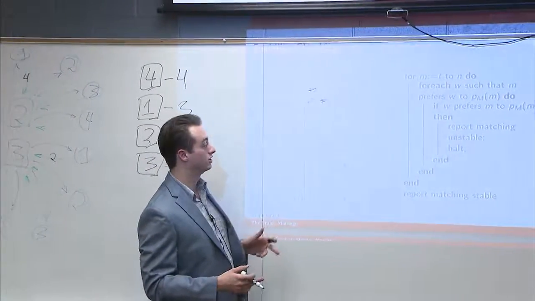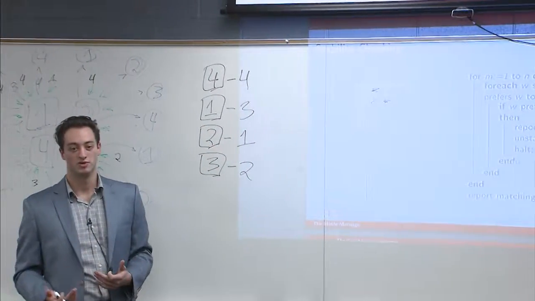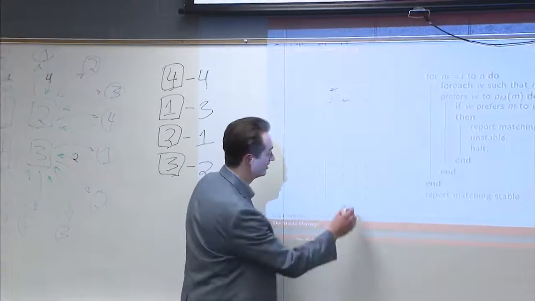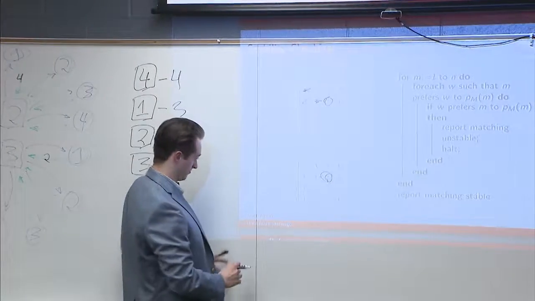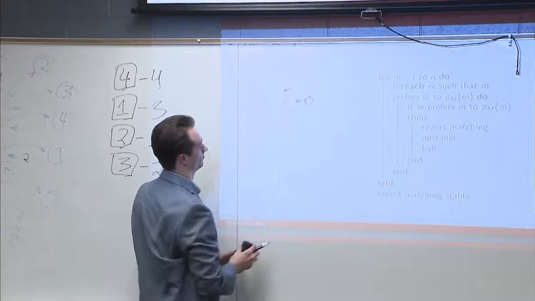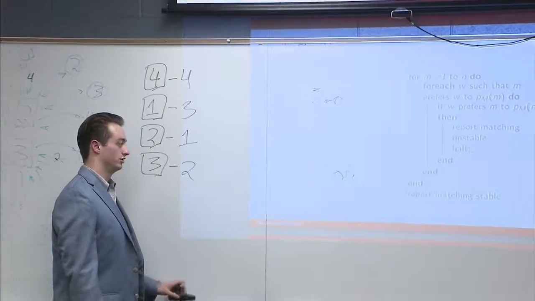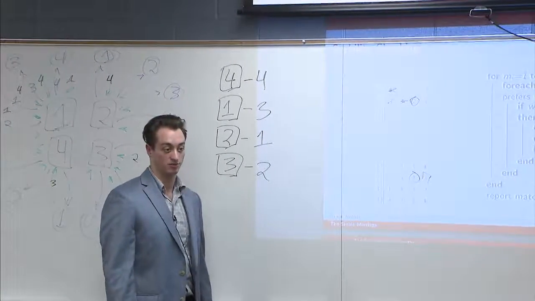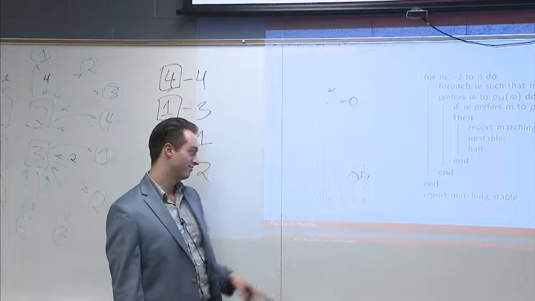So man number 2 wants to be married to woman number 2 over woman number 1. Unfortunately, we have a little bit of an issue right here. Woman number 2 is currently married to man number 3. And this is open.